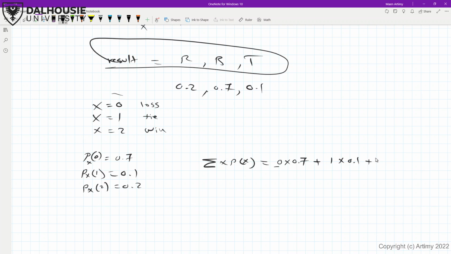And for winning, so they must be not a very good team, right? They have a low chance of winning. So this means that on average, the average point that they will get is 0.1 and 0.4, 0.5. All right, so that's the expectation.